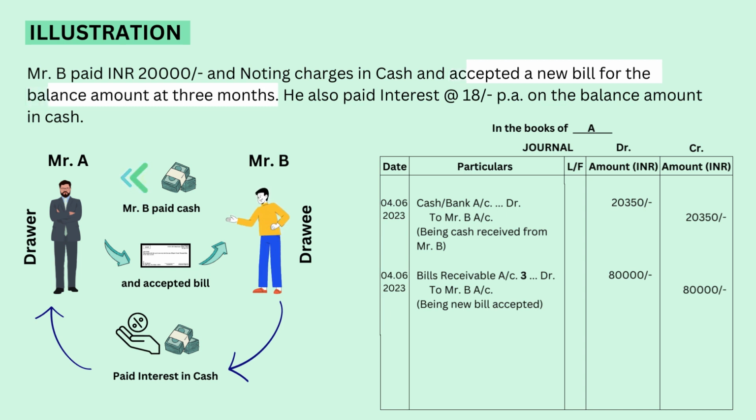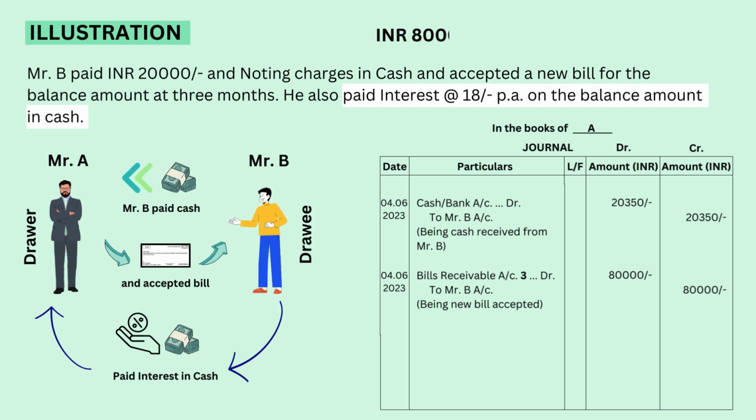Okay, now he also paid interest at the rate 18% per annum on the balance amount in cash. Let's calculate the interest amount. Balance amount of the bill is 80,000 and the bill raised for 3 months. So the calculation will be like balance amount into rate of interest divided by 100 into number of months divided by 12.